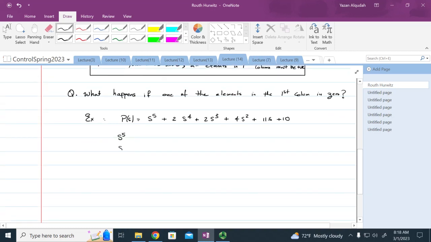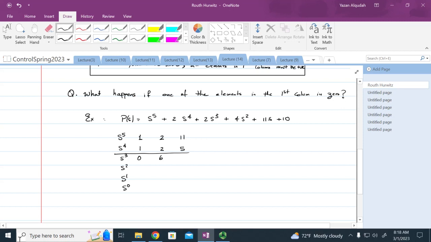S to the 5, s to the 4, s cubed, s squared, s to the 1, s to the 0. And this row is 1, 2, 11. And this is 1, 2, and 5. If I calculate the first entry in the first column here, it's going to be 1 times 2 minus 2 times 1, which is going to be a 0.